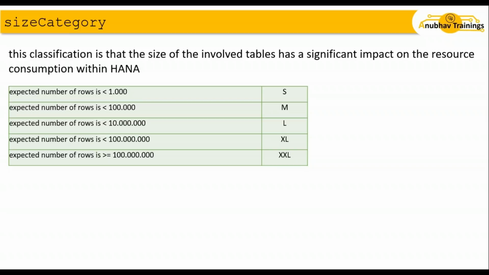This is the way you tell HANA earlier that the data you are expecting is XXL, and HANA will then allocate resources for your execution accordingly. Higher the size category, higher the amount of resources and CPU consumption given to your execution query plan.